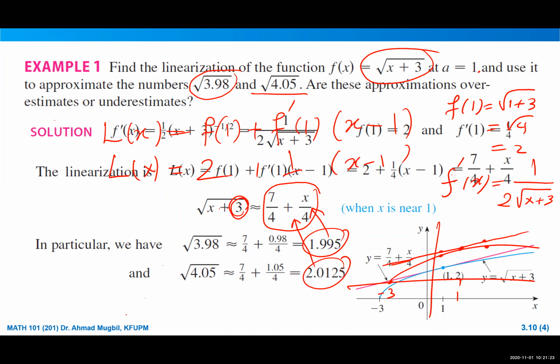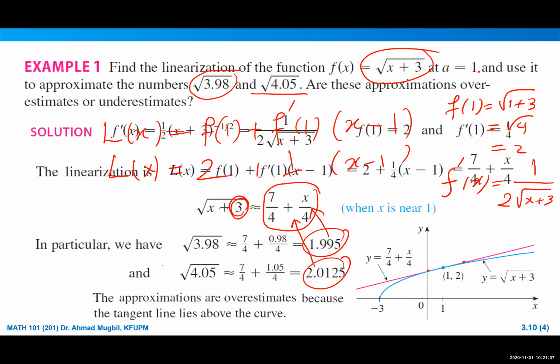They are more than the exact value. So when you have 4.05, it will be some point here, above the graph. So the approximations are overestimates because the tangent line is above the curve. If it was below, they would be underestimates.